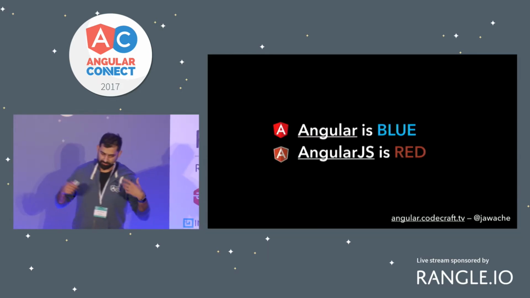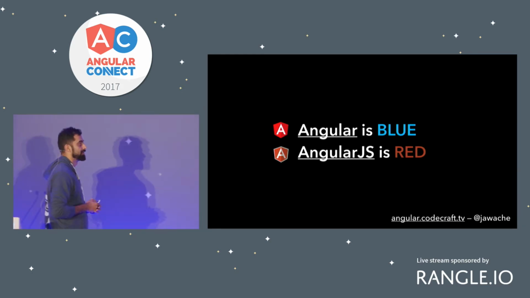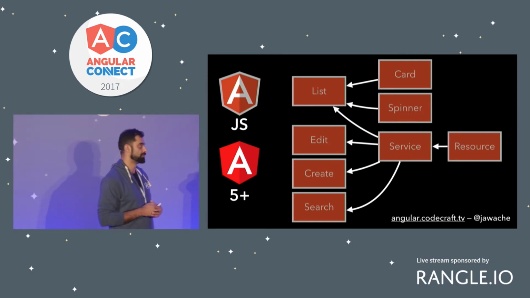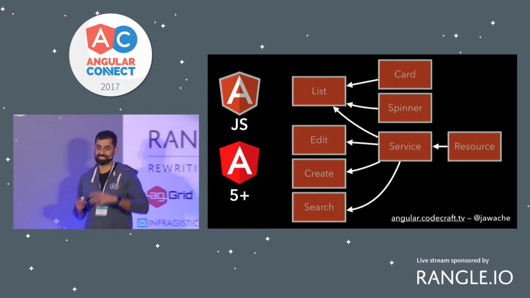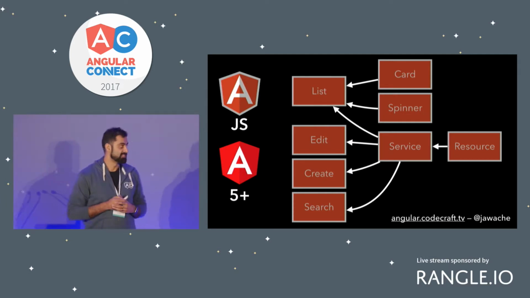So again, really quick intro to the ngUpgrade. Just for the colorblind of you in the audience, when I say Angular, it's going to be blue. When I say AngularJS, it's going to be red. In the ngUpgrade module, what we do is we dual boot an application with both the AngularJS and Angular 5 libraries. And then this might be the different entities in your application.